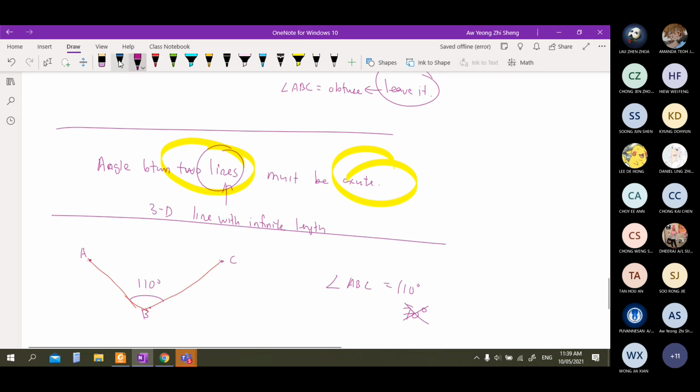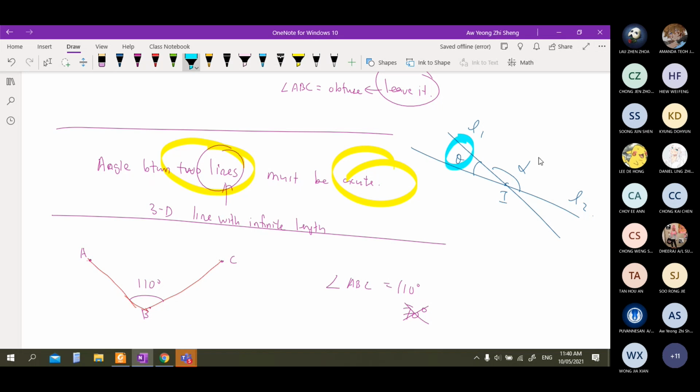So first of all, why do people want to define the angle between two lines to be acute? Consider two intersecting lines, whether 2D or 3D, it's the same idea: L1 and L2. You can get angle alpha or angle theta as the angle between the two lines. So to avoid ambiguity, people want to standardize things, and we always take the smaller one.